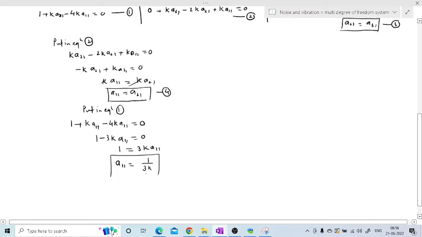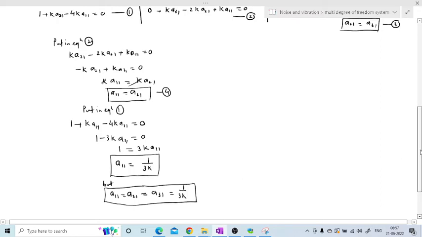So we have A11, that is 1 divided by 3K. But from equation 4 and equation 3 we can write A11 is equal to A21, which is equal to A31, and the A11 answer is 1 by 3K. So we got the 3 influence coefficients: A11, A21, A31.